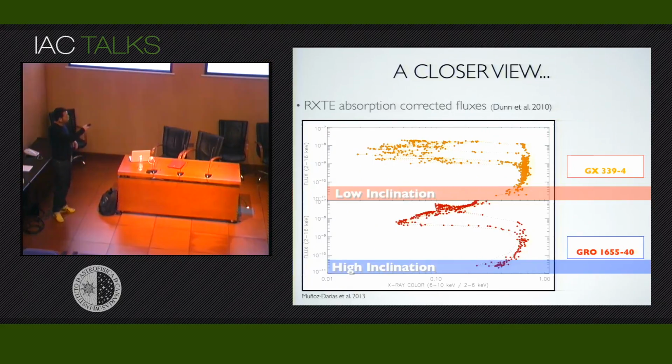is to plot them. So here I show you a very good example, actually the example that I've been showing during the whole talk, which is GS 1354-64, a low inclination source. Again, luminosity as a function of the color. And in the bottom panel, I show you another system, this telephone number, 1655-40.